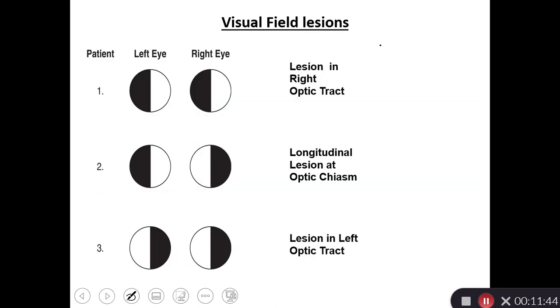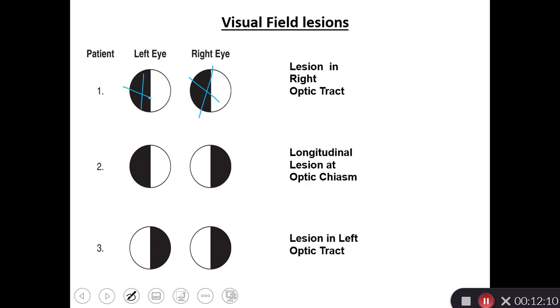So how about if there is damage in the right optic tract? What would result? Your left vision field will be blind, meaning that the central vision of the right eye and the peripheral vision of the left eye will be blind.